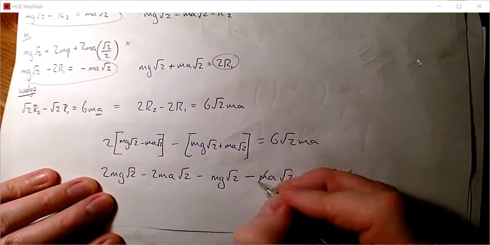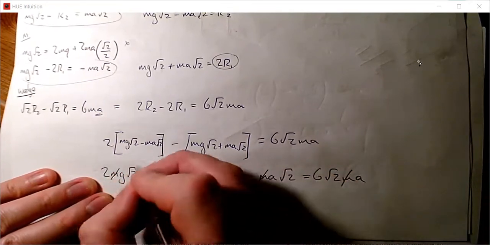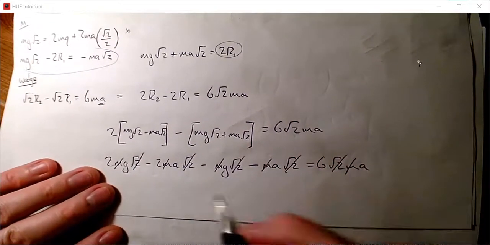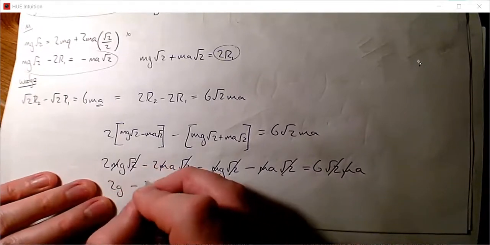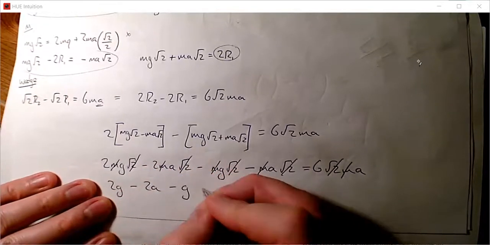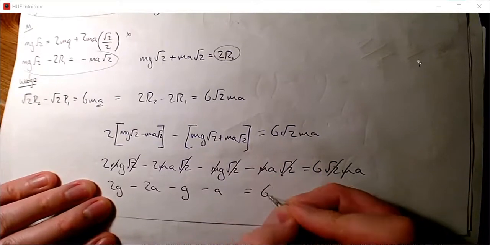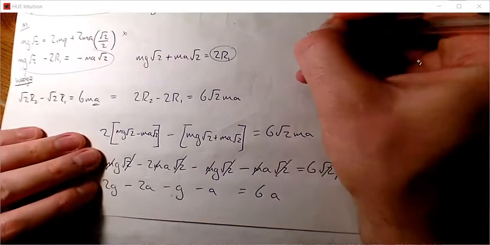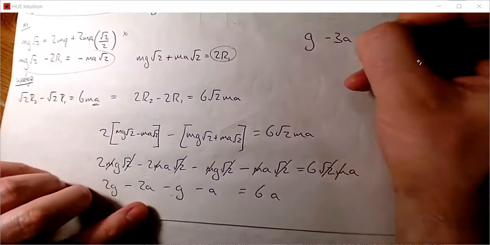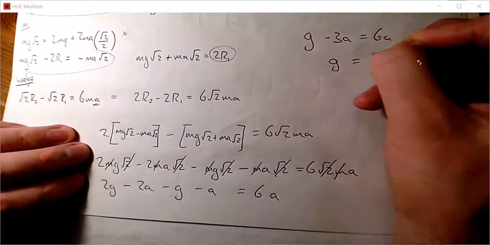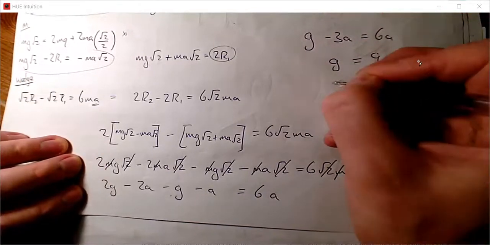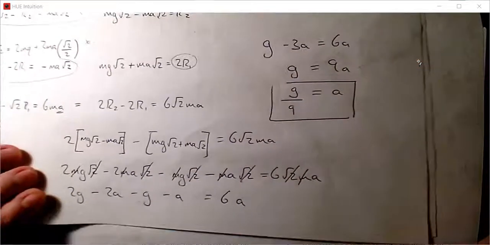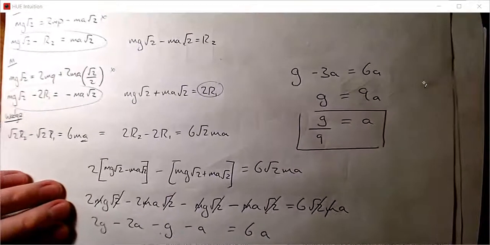Okay, so m's cancel because every term contains an m, and root 2's cancel because every term contains a root 2. And you get yourself 2g minus 2a minus g minus a equals 6a. Tidy that up over here. 2g take away g, that's g, minus 3a equals 6a. g is 9a, and our acceleration here is g over 9. And that's what they've asked us for. So there you go. That's question 7, page 93.